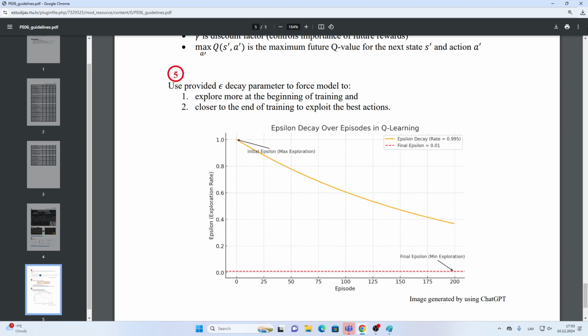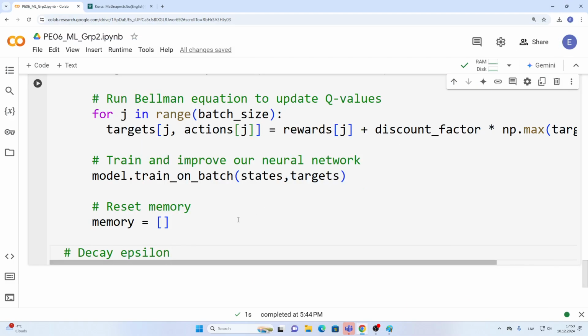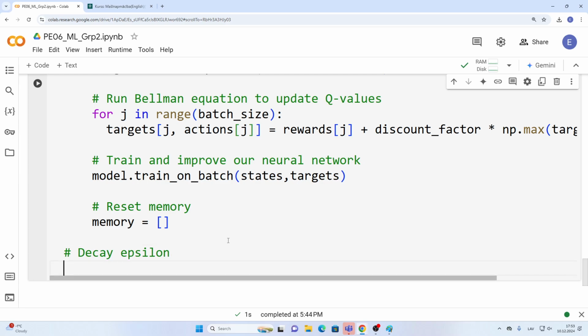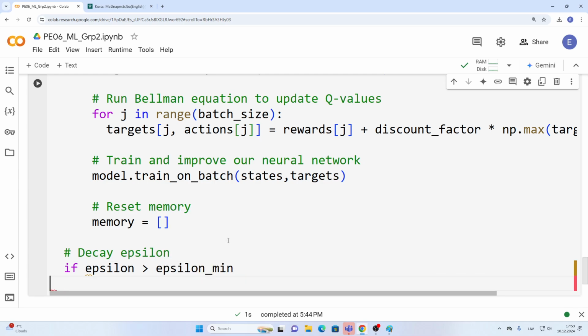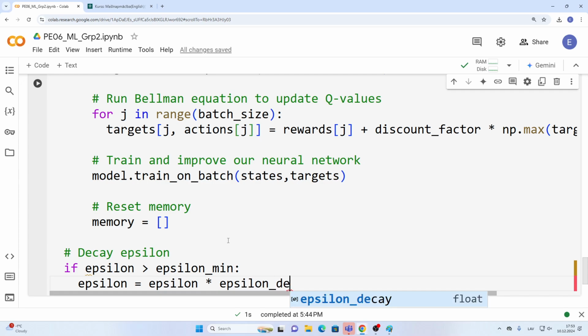So that's why we need to have this decay. Sorry, not decoy. But we don't want to do that if the epsilon is already minimal. Yes, so if the epsilon is more than epsilon minimum, we want to say that epsilon must be epsilon multiplied by epsilon decay.